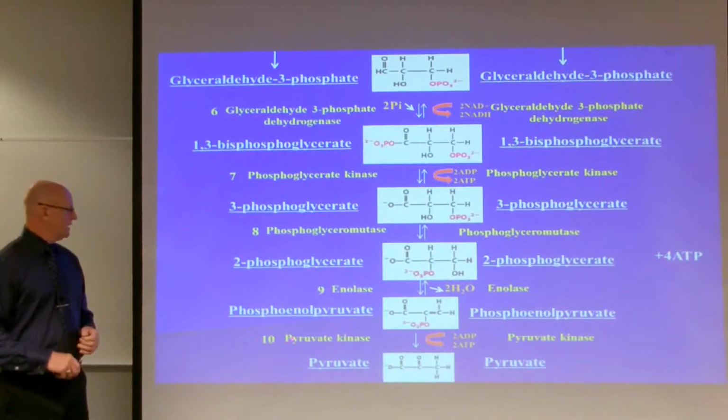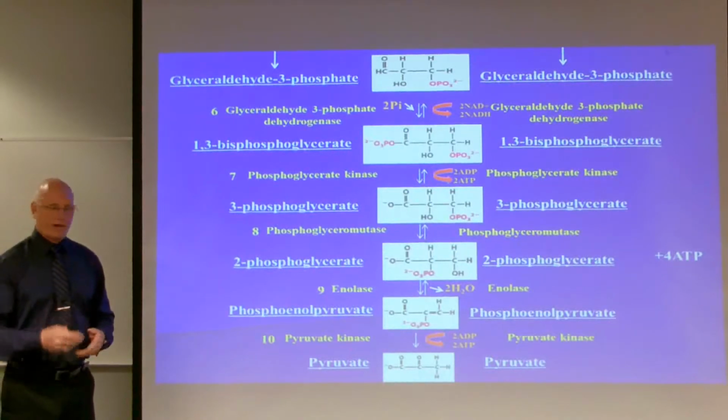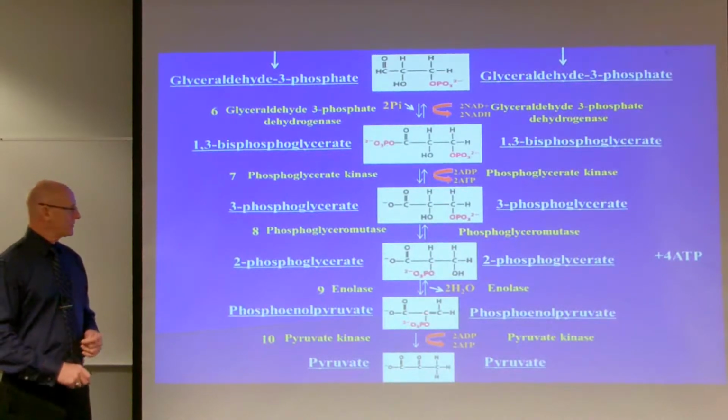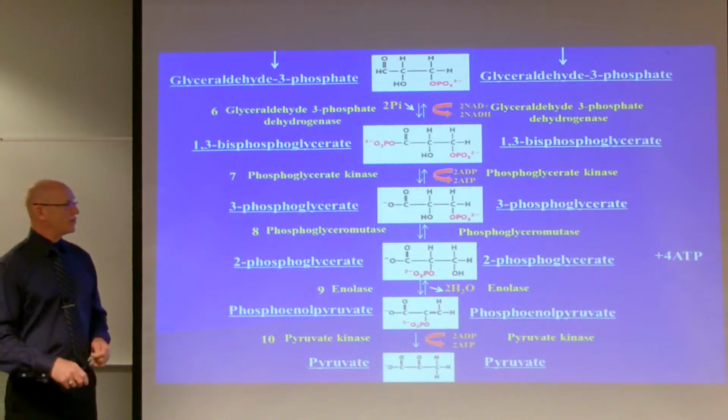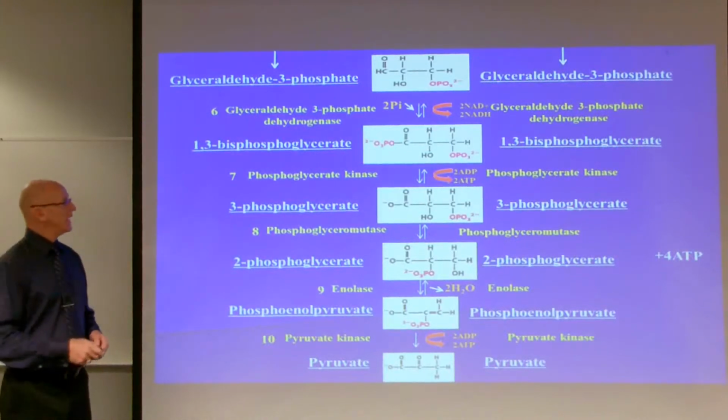Now for step 10, pyruvate kinase, another kinase, is going to do a phosphoryl transfer. And we're going to take this phosphate off of PEP, and now we will have pyruvate. So we gain another ATP at this point. So here we're gaining 2 ATPs for each molecule. So we have a total of 4 ATPs in this payback phase.